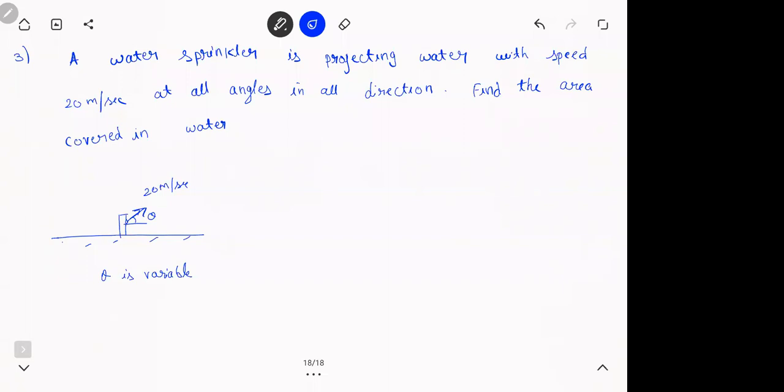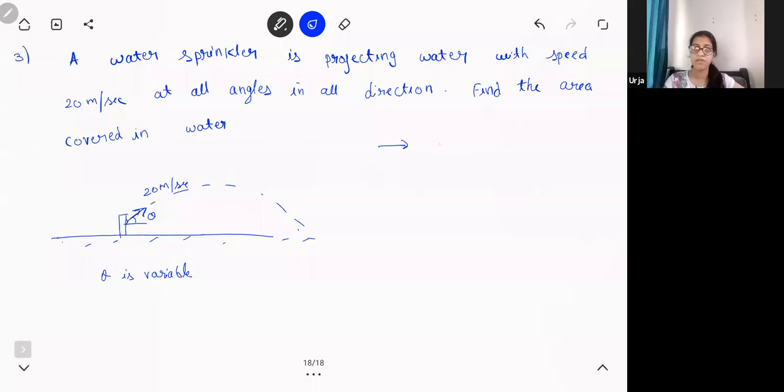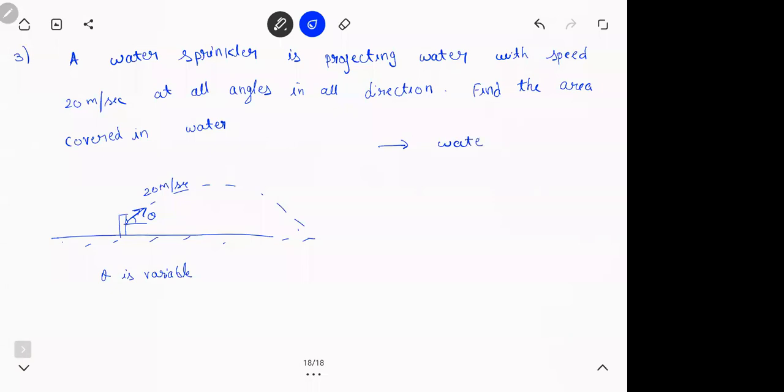Let's see. Now here, first thing you need to understand, the water will go the farthest when theta is 45. The water falls in a circular region.